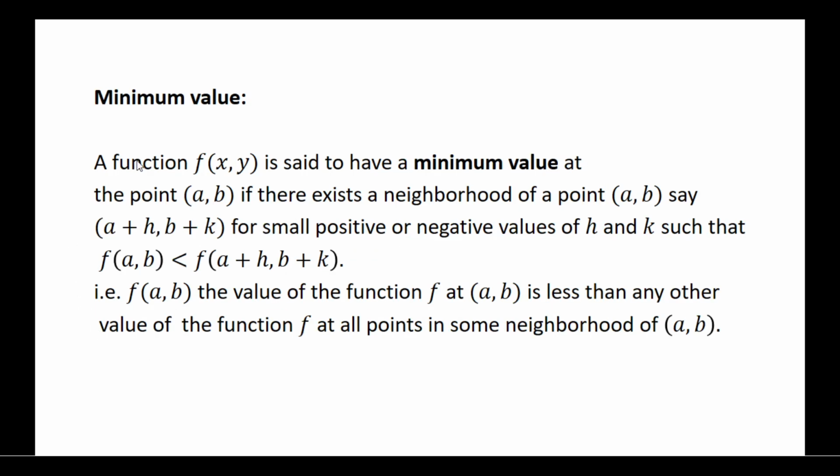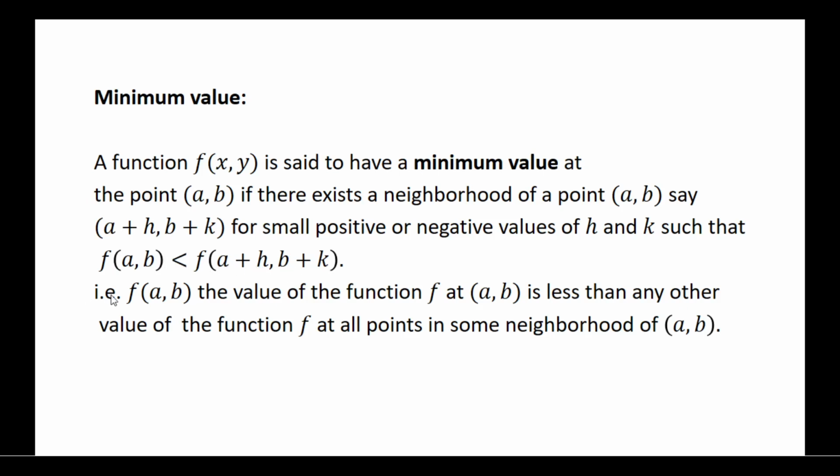Minimum value. A function f of x comma y is said to have a minimum value at the point a comma b if there exists a neighborhood of the point a comma b, say a plus h comma b plus k, for small positive or negative values of h and k, such that f of a comma b is less than f of a plus h comma b plus k.